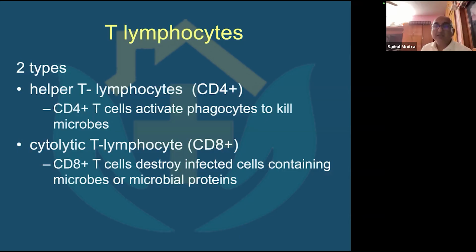So that is how it is done. These are two ways of antigen presentation. One is the proteasomal pathway, which is linked to the CD8, and the other is the lysosomal pathway, which is related to the CD4.